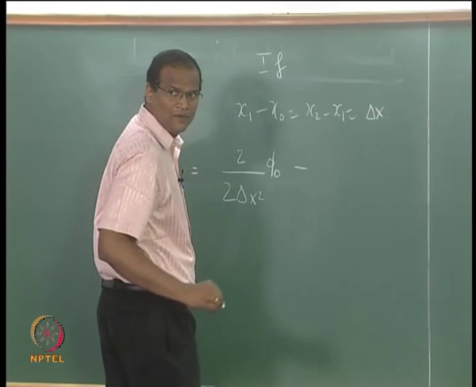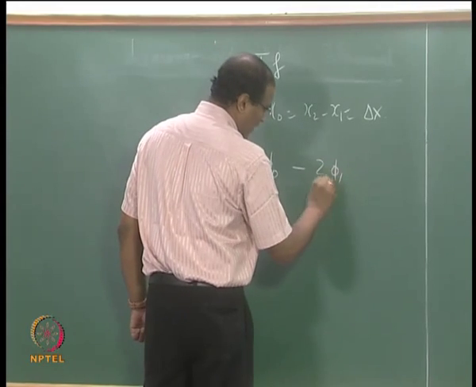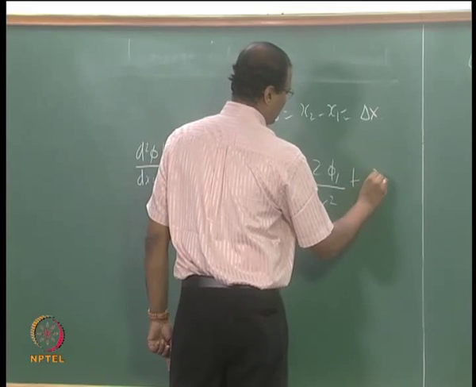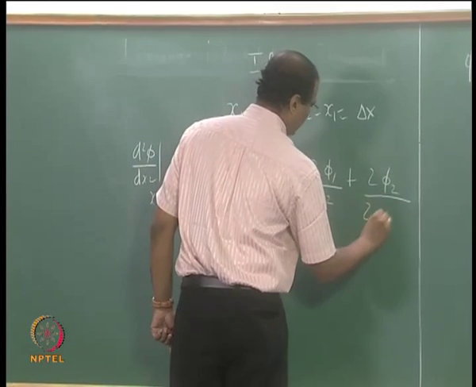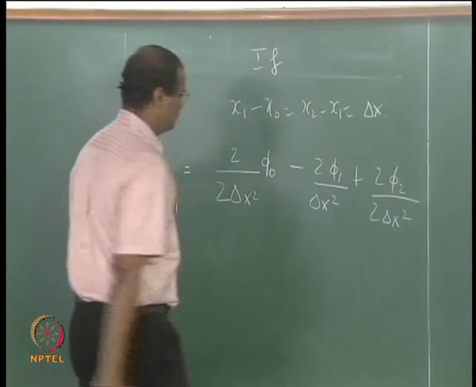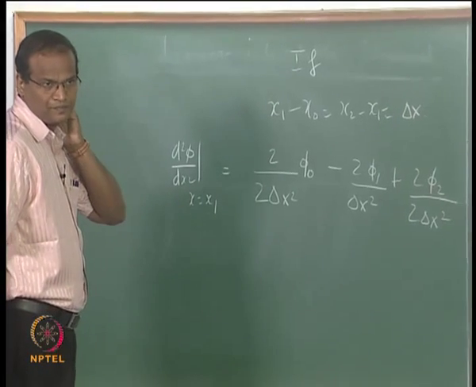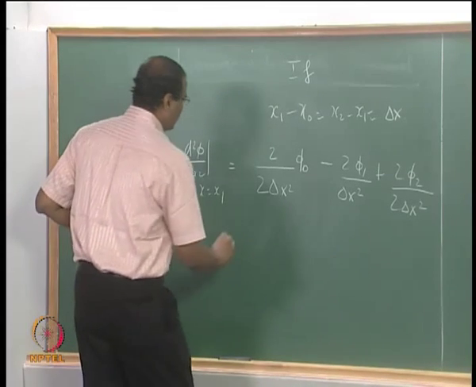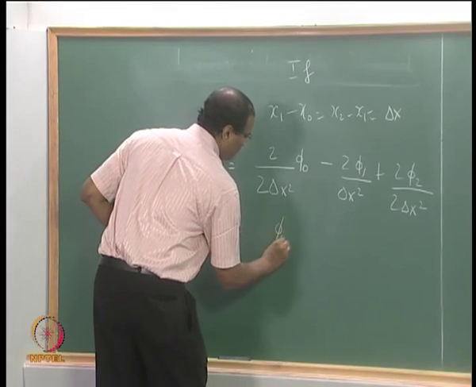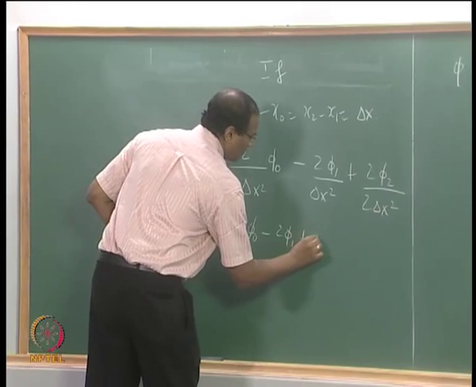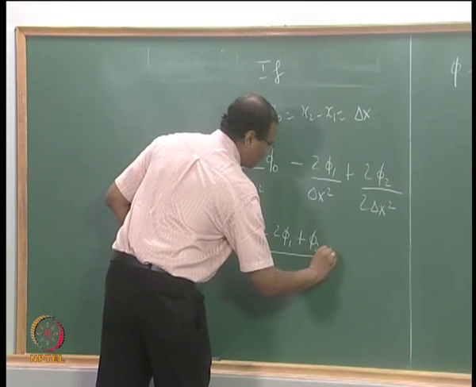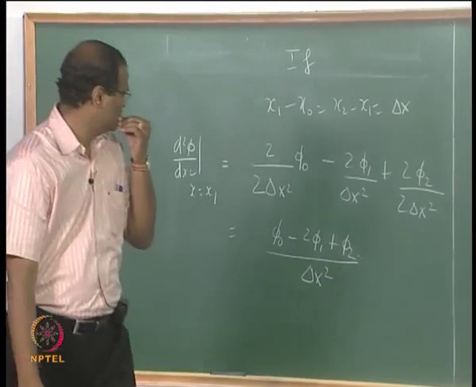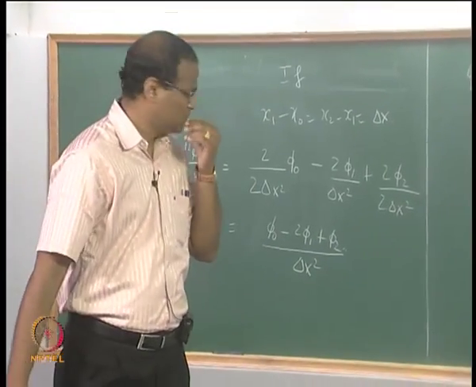Minus by delta x squared plus, okay, is actually equal to, is that correct?